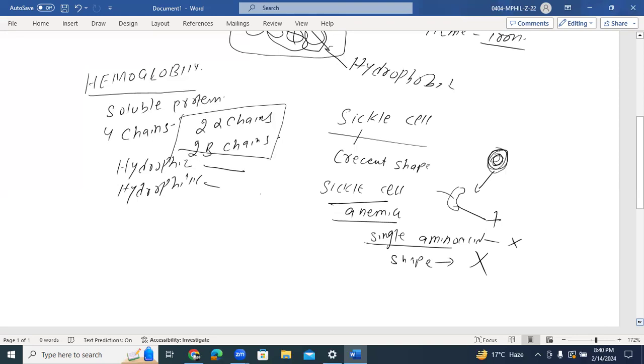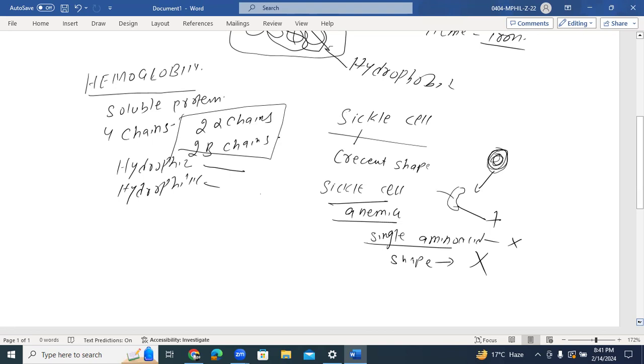What I said, how sickle cell anemia is caused in an organism. We will start from the structure of hemoglobin. There are four chains in the hemoglobin protein, two alpha chains and two beta chains. There is a mutation of a single amino acid at the beta chain, because of which the globular structure of the hemoglobin will be converted into a crescent shape.